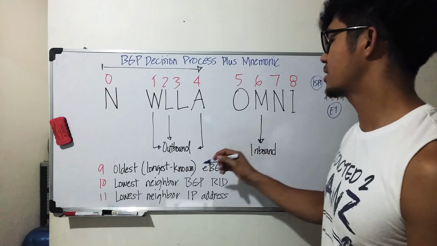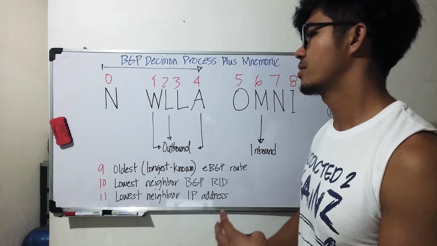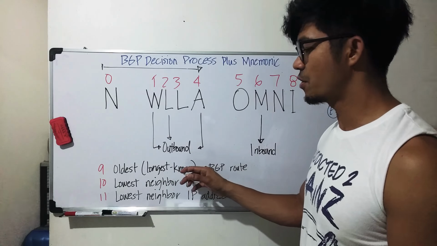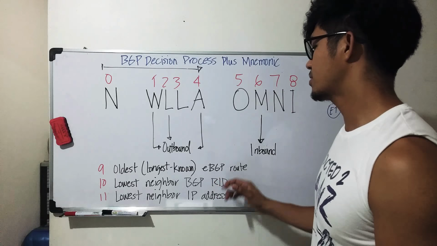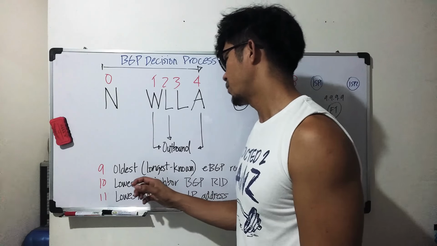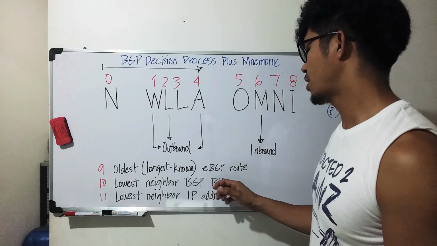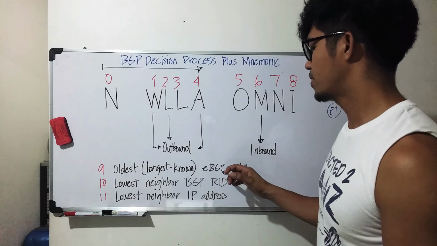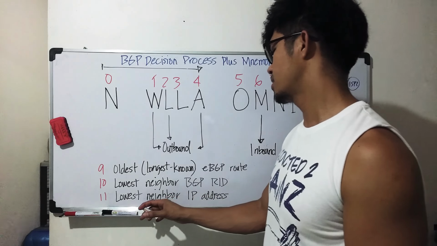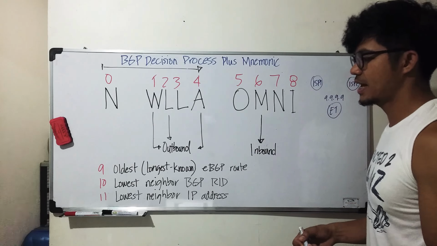So it's gonna prefer the path that has the oldest known eBGP route, and it's gonna prefer the path with the lowest neighbor BGP router ID, and if that is still a tie, it's gonna use the lowest neighbor IP address to break the tie.